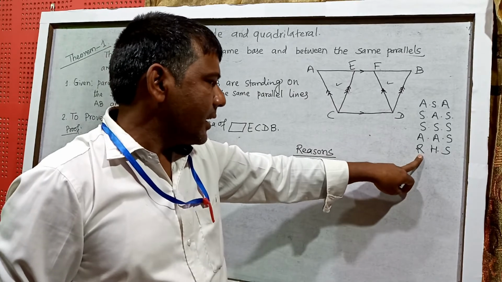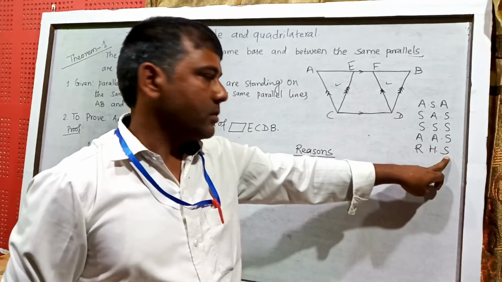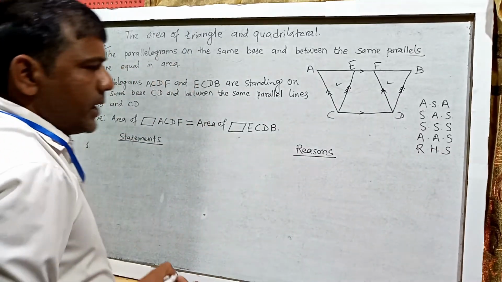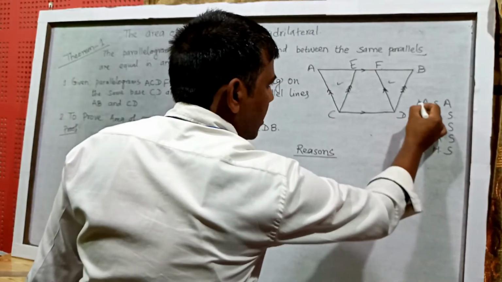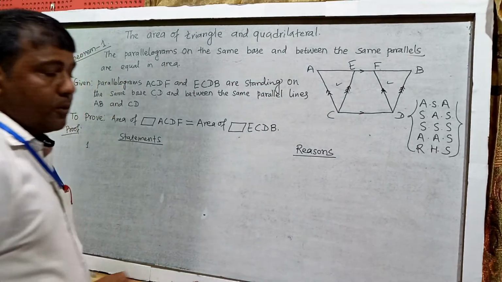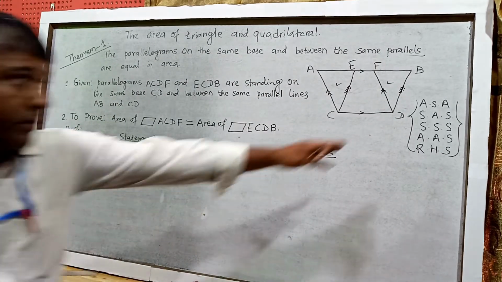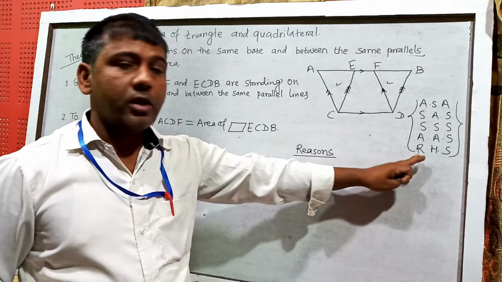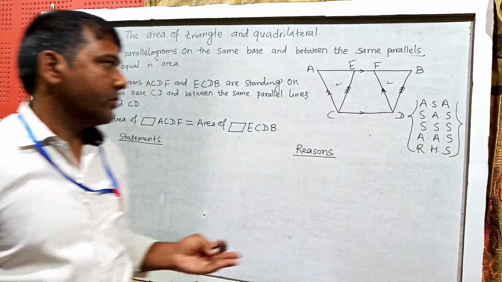RHS means right angle, hypotenuse and side. We have these conditions of congruency of triangles. If we show any one of these, then the triangles become congruent.